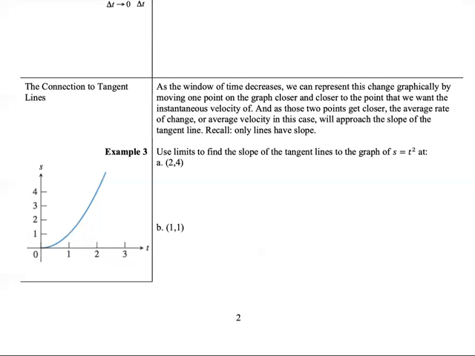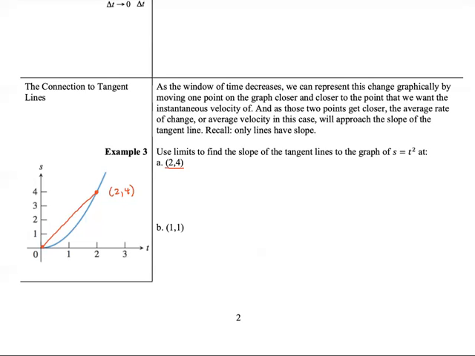And the key here is that we're looking at the average rate of change as our distance between the points gets smaller and smaller. So on the last example, what we said is if I look at the point 2, 4, and I look at the average rate of change while the points are farther apart, it's going to give me an average slope that's not necessarily close to the slope at a specific point, the instantaneous rate of change or the instantaneous velocity.